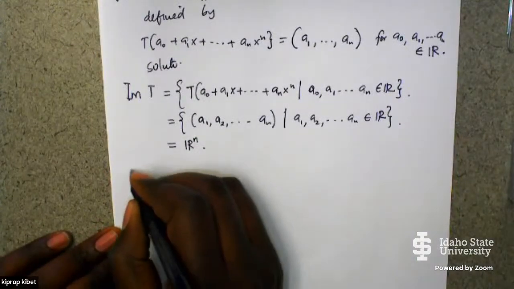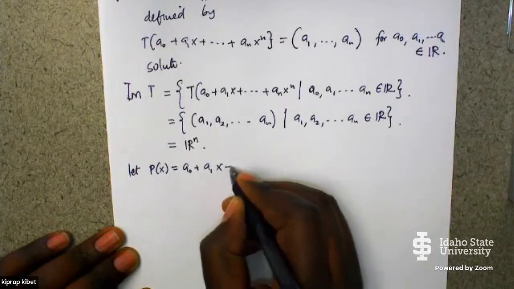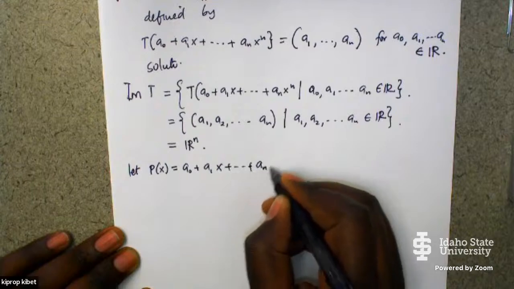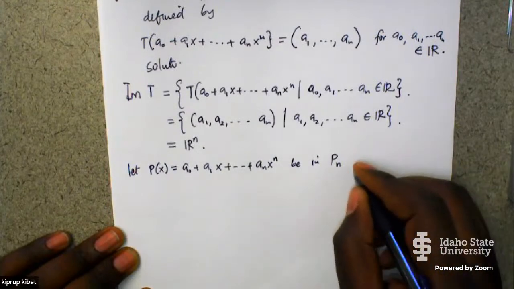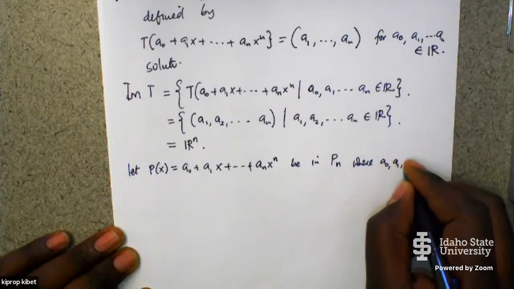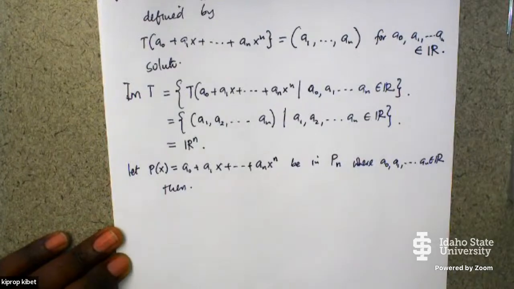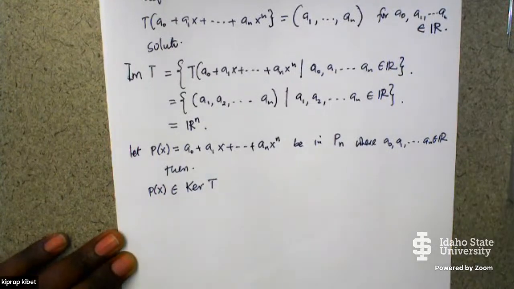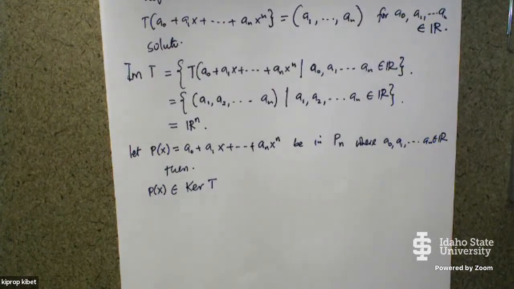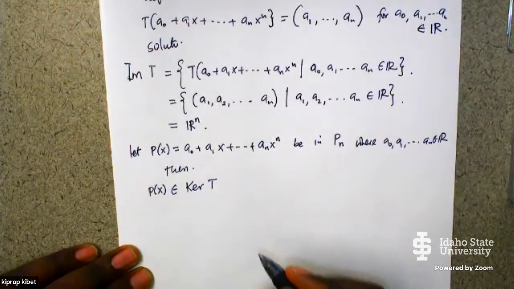Then if we let the polynomial P of x equal a0 plus a1x plus up to anxn be in Pn, where a0, a1, all the way to an are elements of the real numbers, then P of x is an element of the kernel of T. This is a polynomial in Pn.